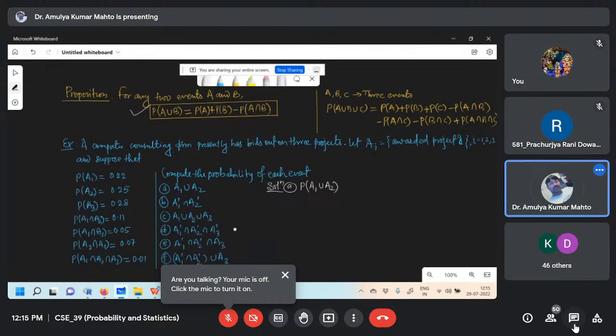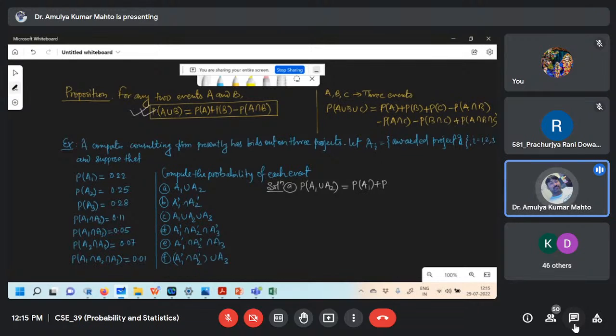This one, first one. This is probability of A1 plus probability of A2 minus probability of A1 intersection A2. You know the value of probability of A1. You can see here it is 0.22. Clear?